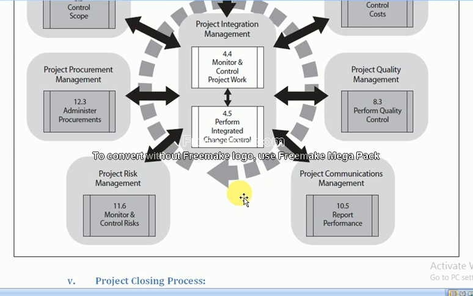For instance, dear students, the cost performance of the project will give an indication whether the planned budget will be sufficient to complete the project. The schedule performance of the project will give an indication whether the planned schedules and dates can be reached or not.